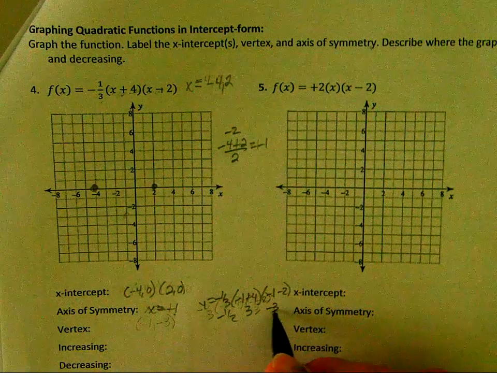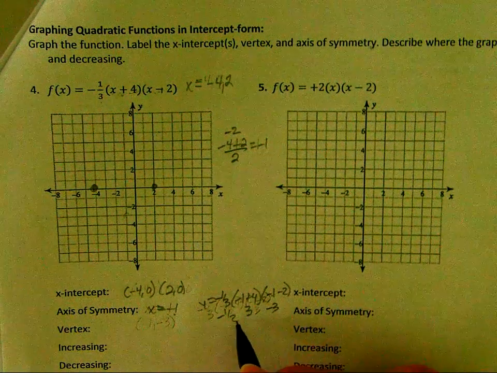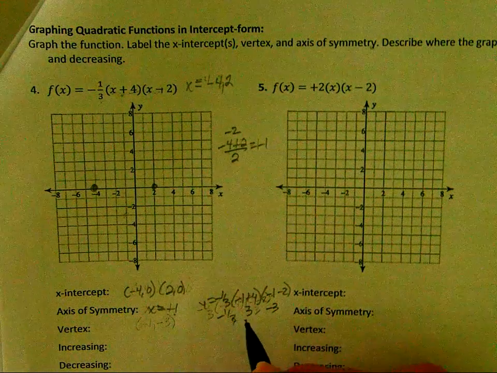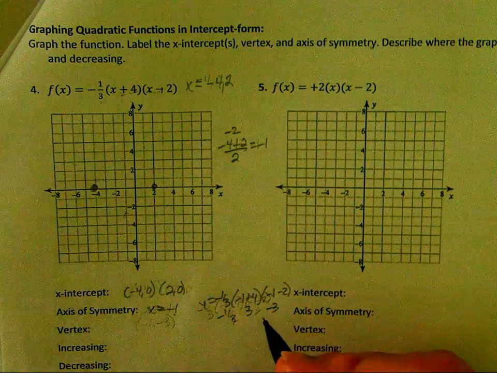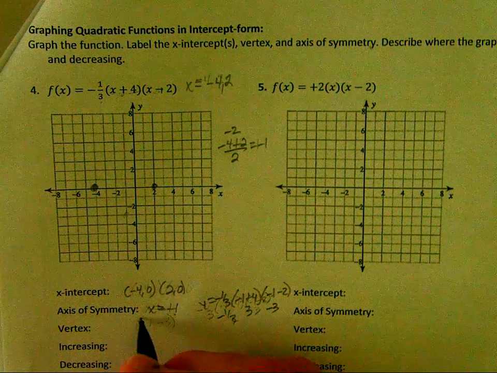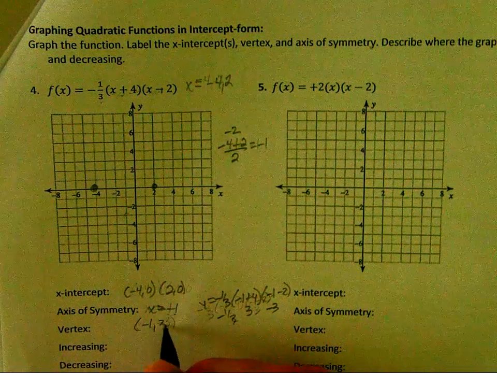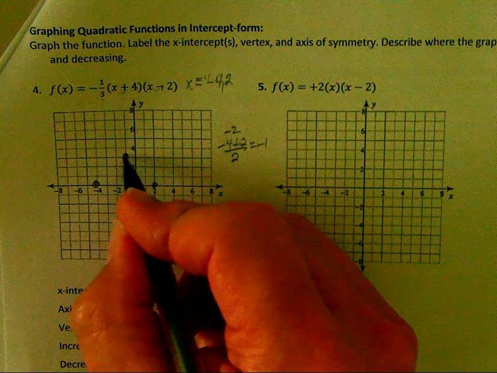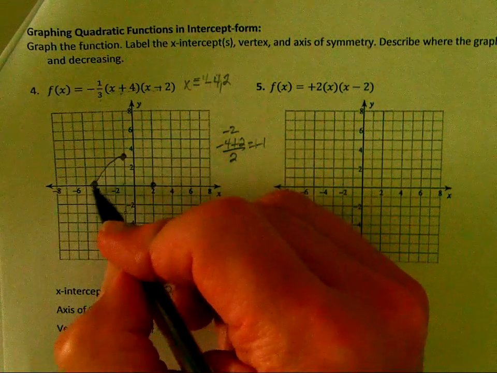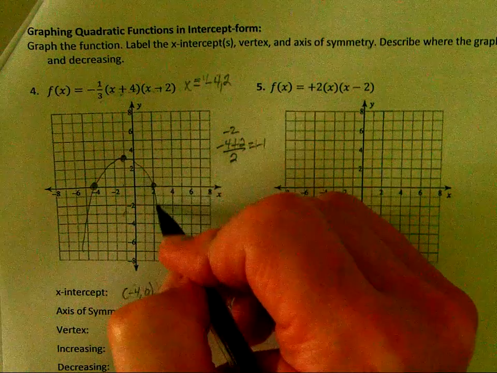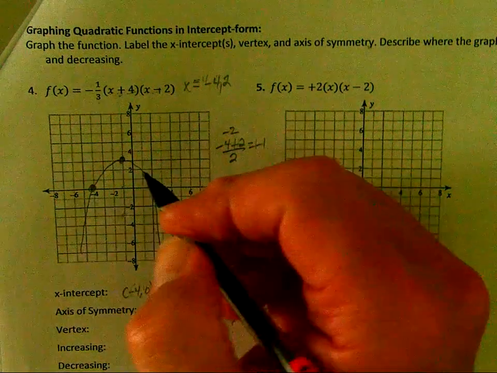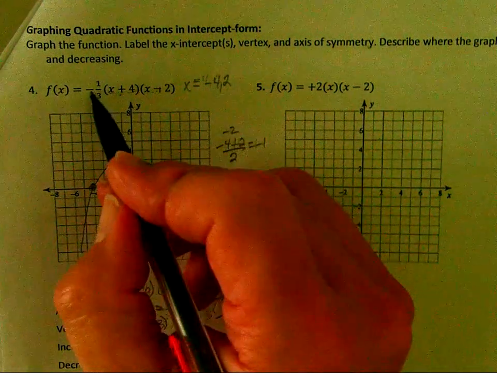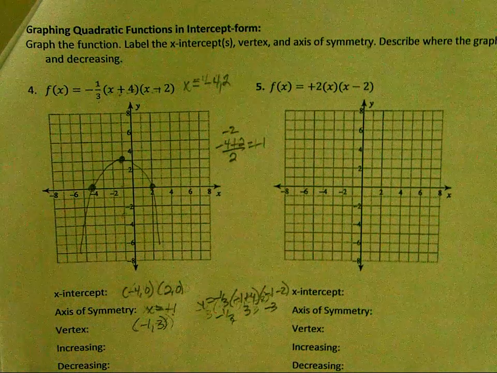So negative 3 times 3 is negative 9, times a negative 1/3 is a positive 3. So it tells us our vertex is at the point negative 1, 3. That's enough to graph our parabola. So we know the two x-intercepts, we know the vertex, and it works out right. It opens down because our A was negative.